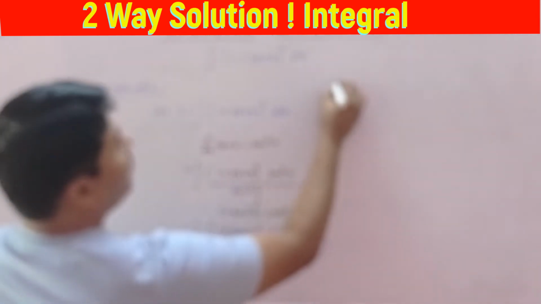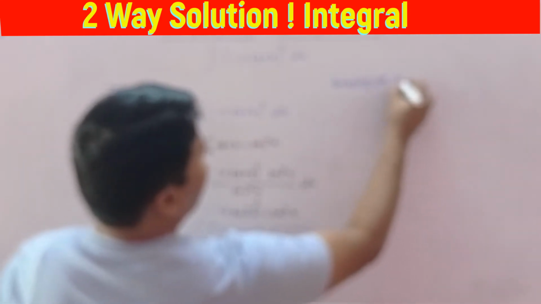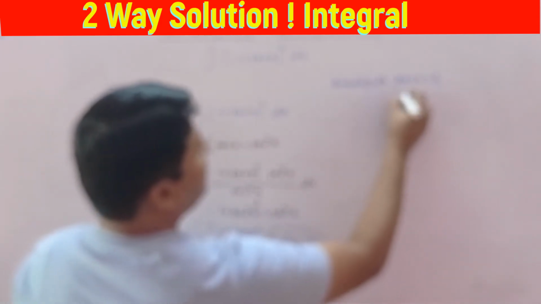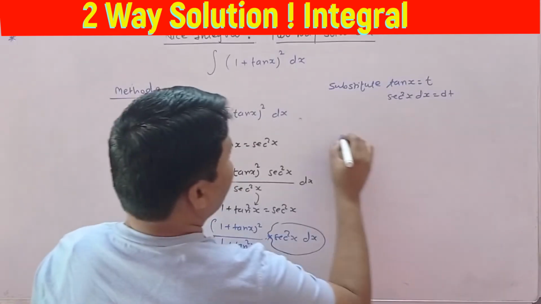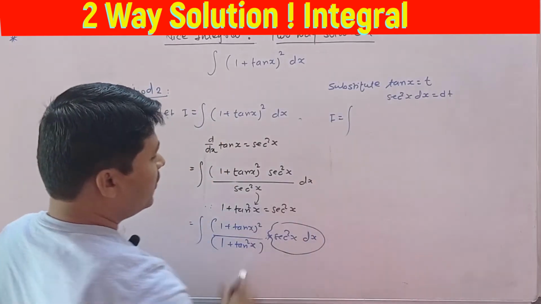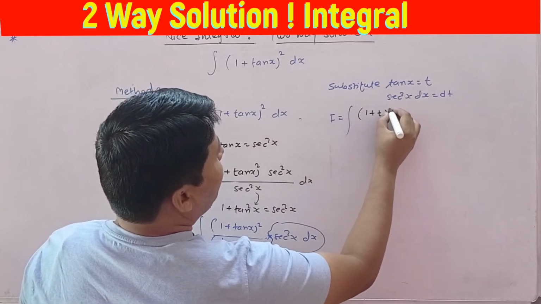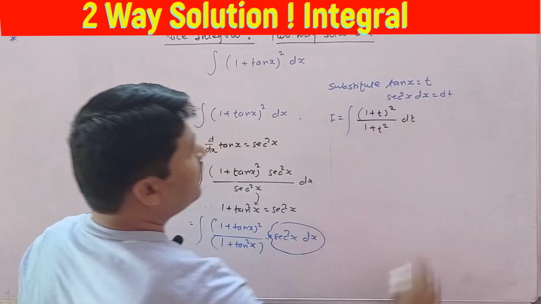Substitute tan x equal to t. Differentiating, we get sec square x dx equal to dt. Therefore I is equal to the integral of (1 plus t) whole square divided by (1 plus t square) dt.